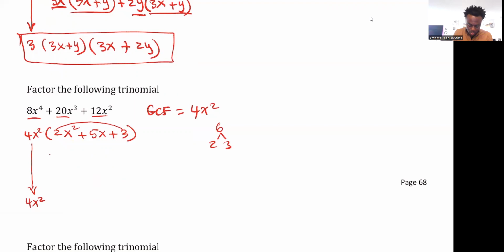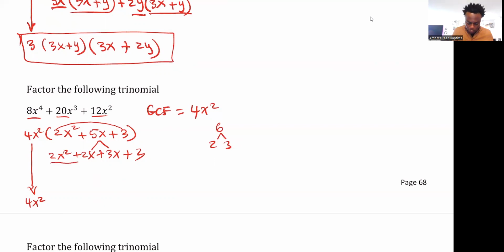So that's 2x squared plus 2x plus 3x and plus 3. This 2x and 3x is when we break the 5x down into 2x plus 3x that we found from the 6, from the 6 that we factored into 2 times 3.